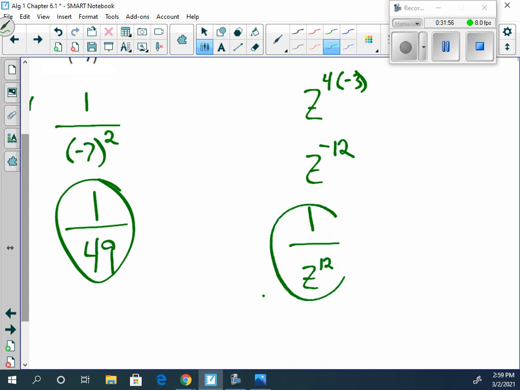Put it in the denominator. And we have this here. Because 3 times 4 would be 12. And we moved it to the denominator because it was negative.